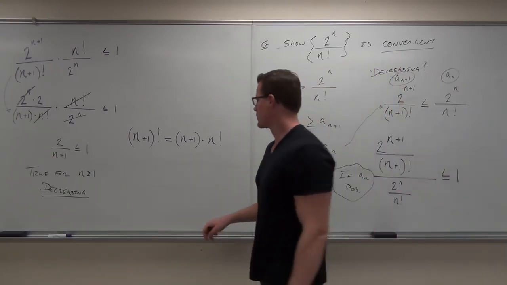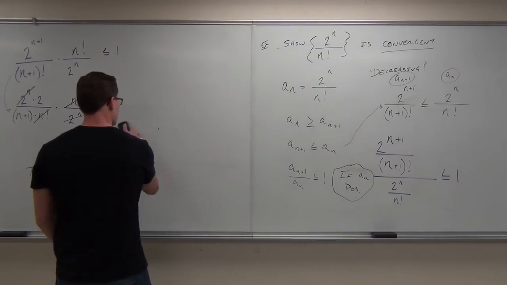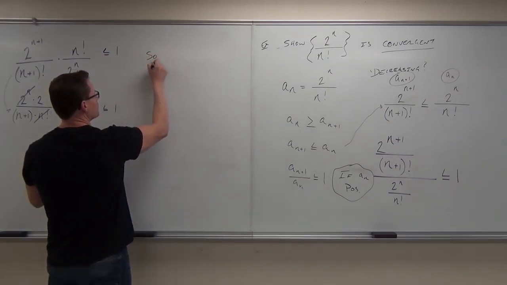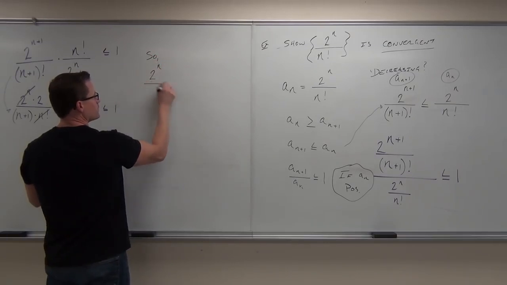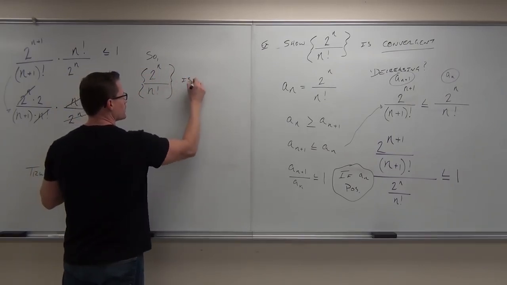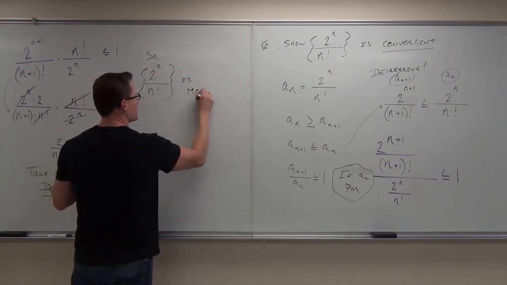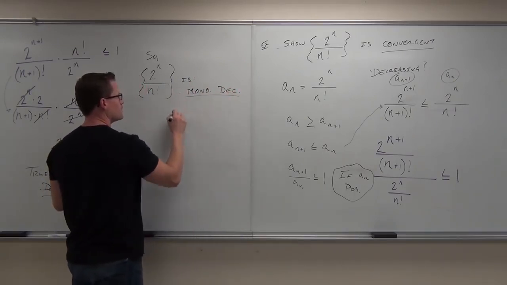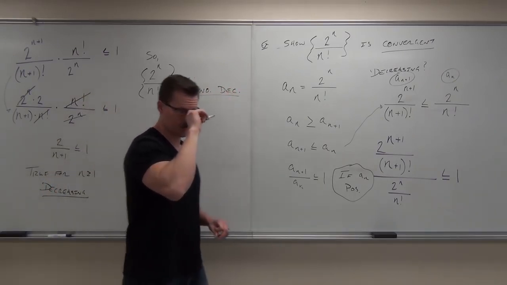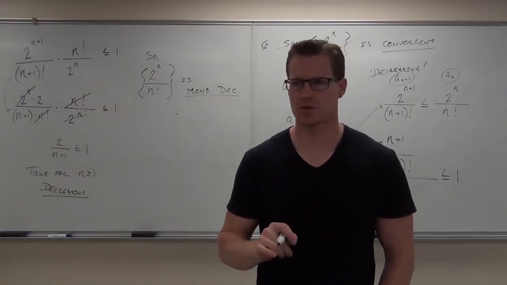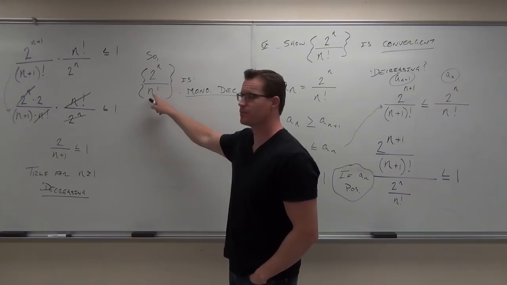Now let's consider what's going on here. So, 2 to the n over n factorial is, number 1, monotonically decreasing. Number 2, I want you to think of 2 to the n over n factorial.